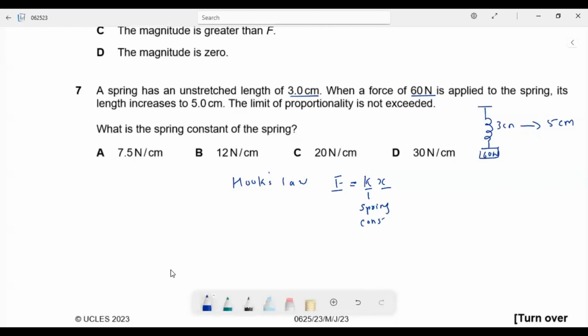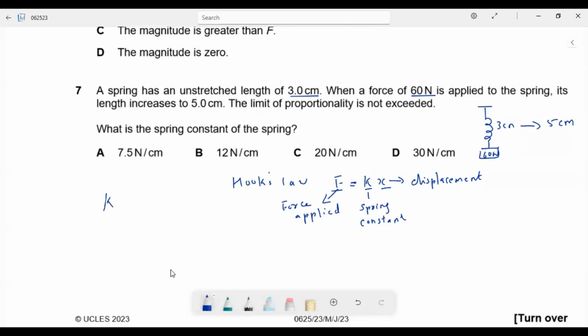So we need to find the spring constant K.